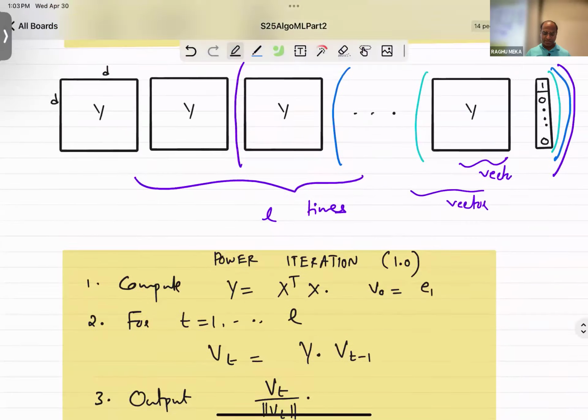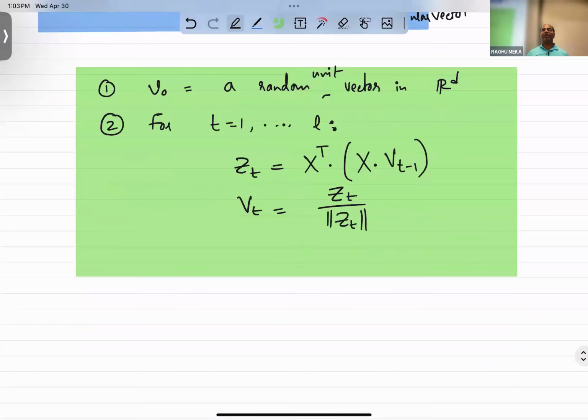Formally, it's basically the same algorithm, but implemented in a way so that you don't run into division by 0 or going beyond your floating point arithmetic limit. Okay. So you output VT. Okay, so that's it. That's power iteration.